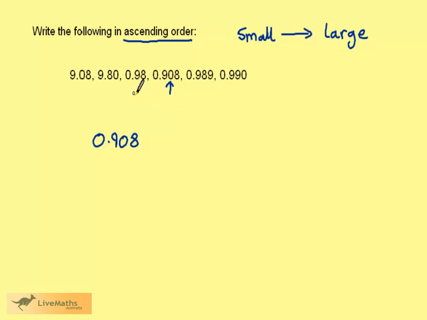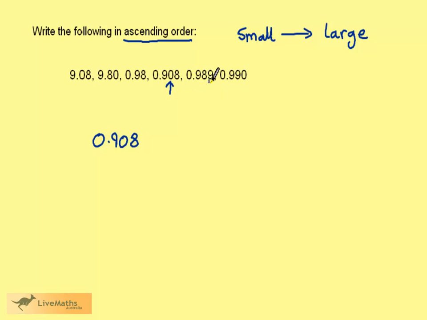Let's compare the others. We know we had an 8 here and an 8 here in the hundredths column. This means that as far as 0.98, they're the same size. They both had a 0 in the units column, a 9 in the tenths column, and an 8 in the hundredths column.